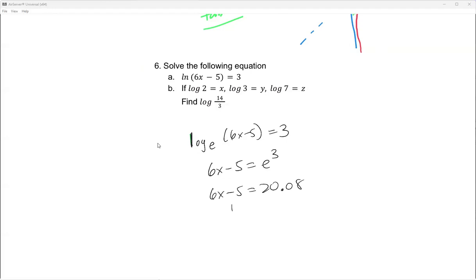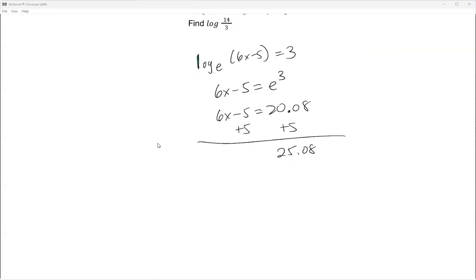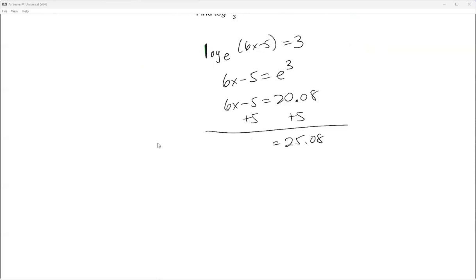Add 5, it would be 25.08 is equal to 6x, and divide by 6. So x is equal to 4.18-ish. Round to the nearest hundredth. Put everything.